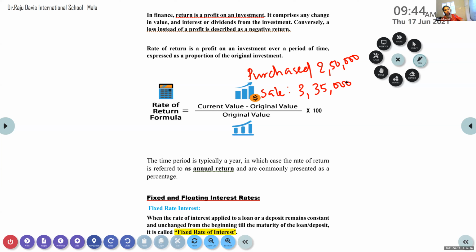Current value is 3,35,000 minus the original value, 2,50,000, divided by original value, that is again 2,50,000, into 100.